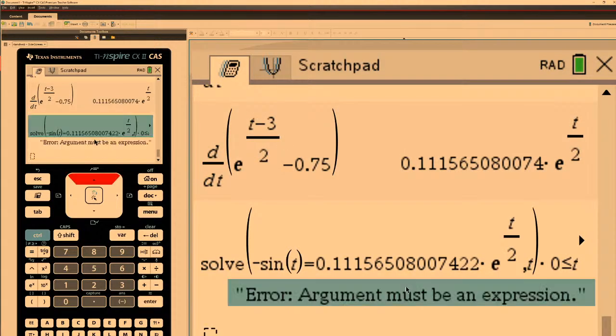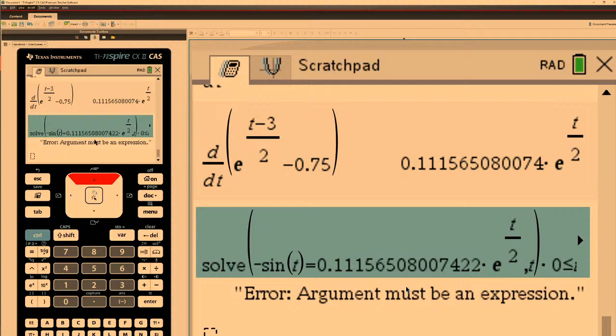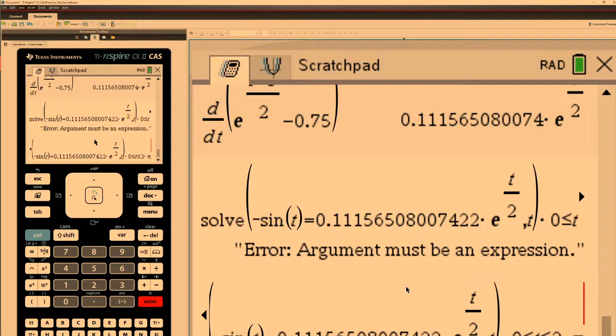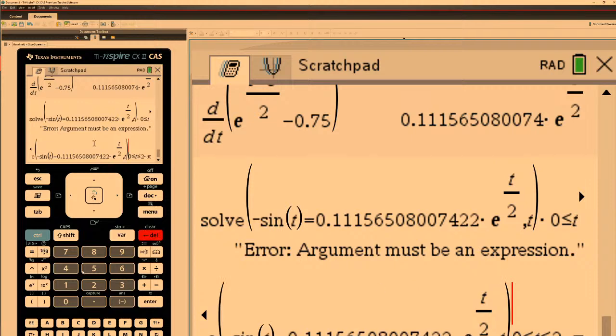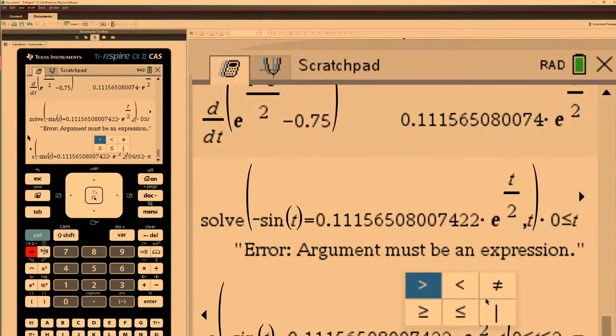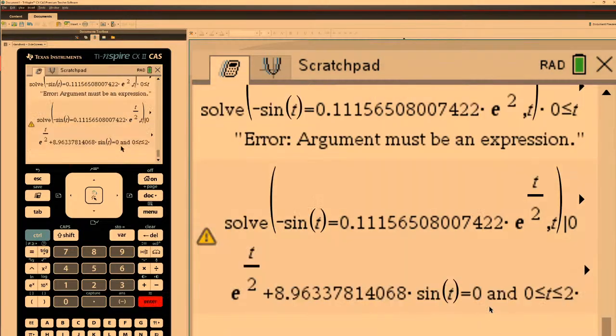Oops, okay. Solve. There we are. That says times. We need this to be at. Control equals at. There we go.